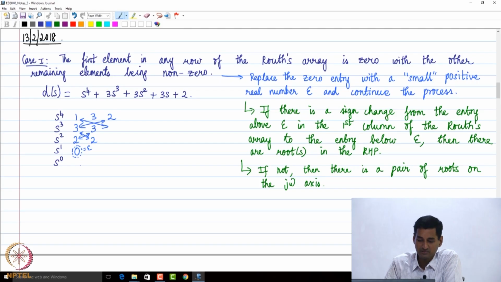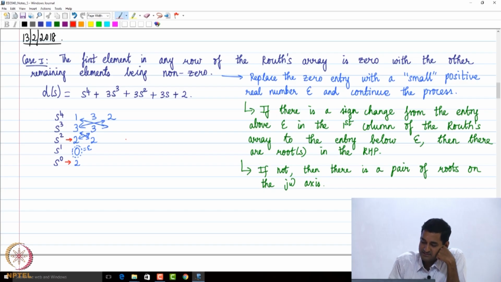2, right? So if you look at the entry above epsilon, that is this. If you look at the entry below epsilon, which is this, right? Is there a sign change from the entry above epsilon to the one below epsilon?